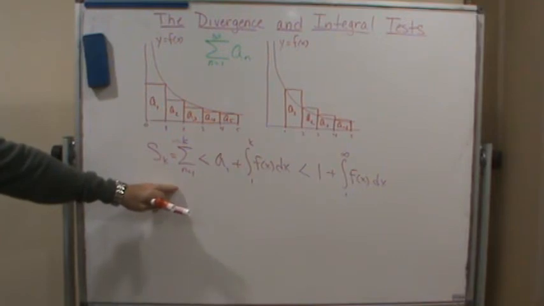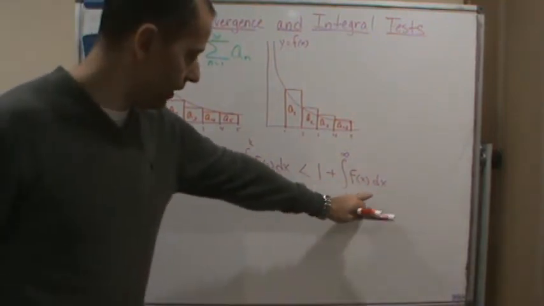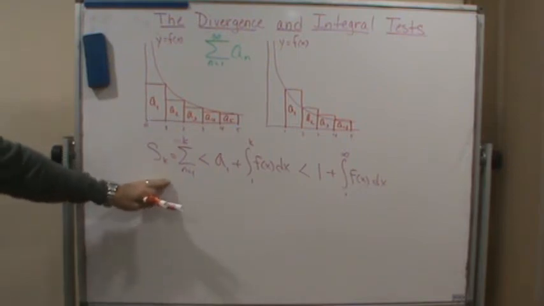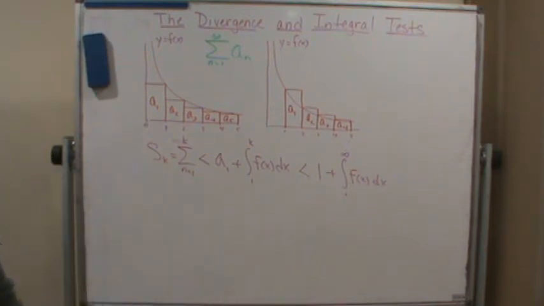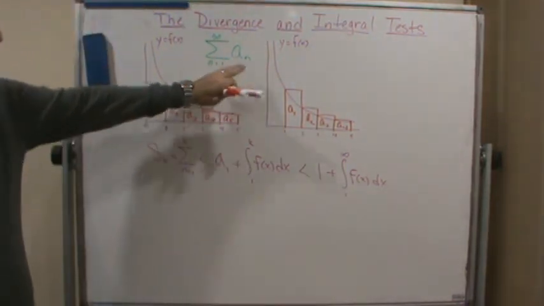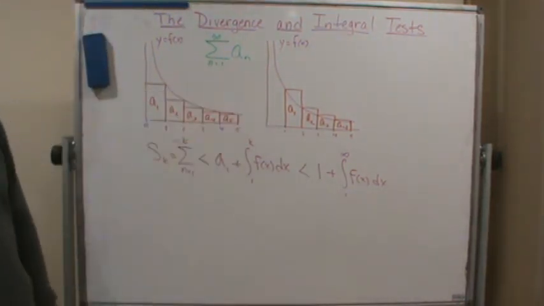So we can conclude that if this converges, then the sequence of partial sums converges, which means that the series converges. Basically, what it comes down to is, if this converges, then the series converges.